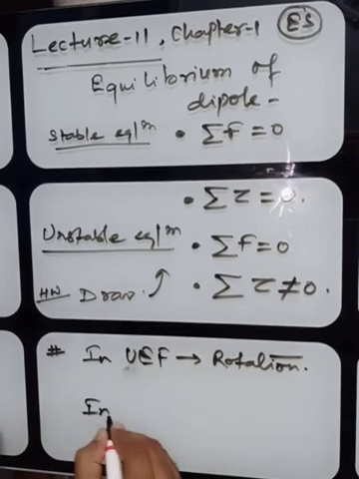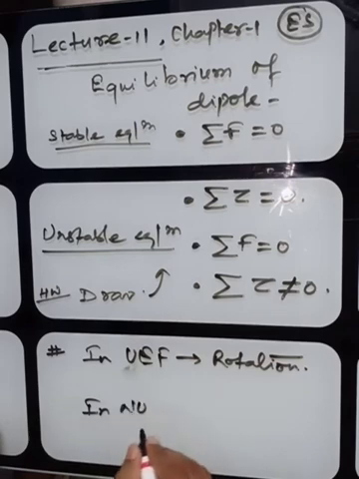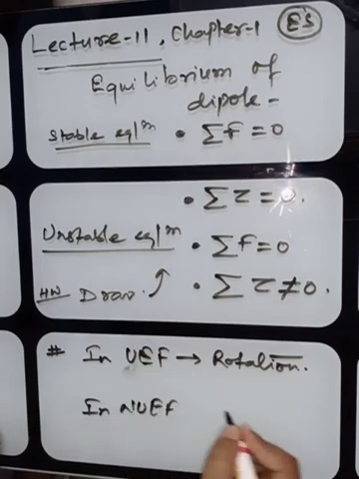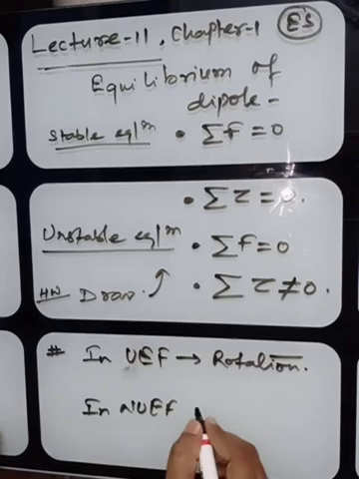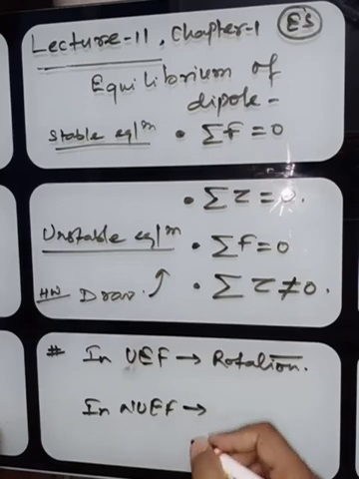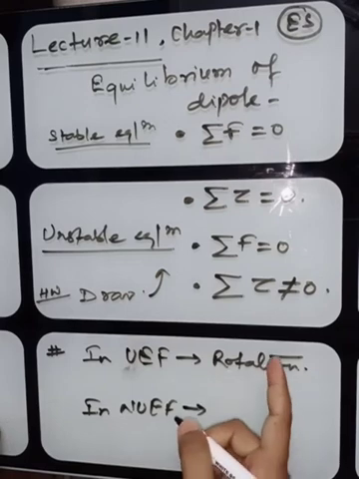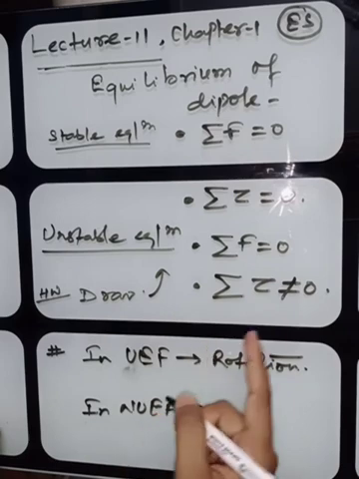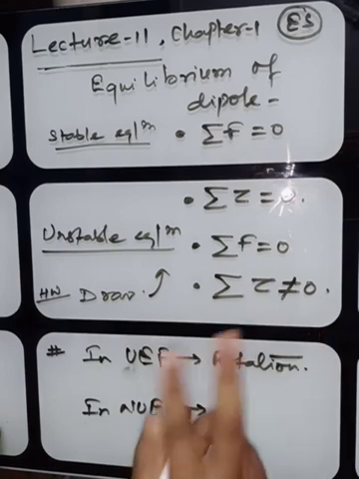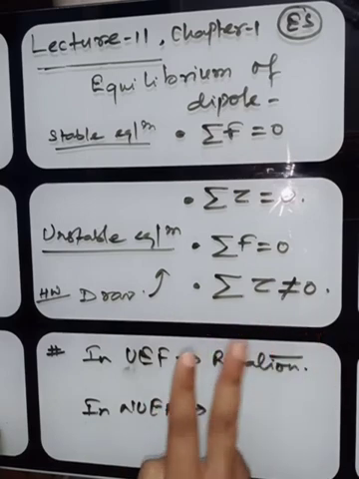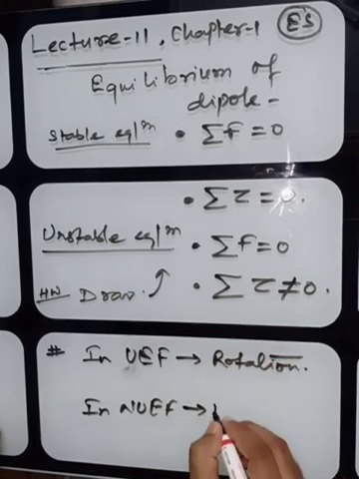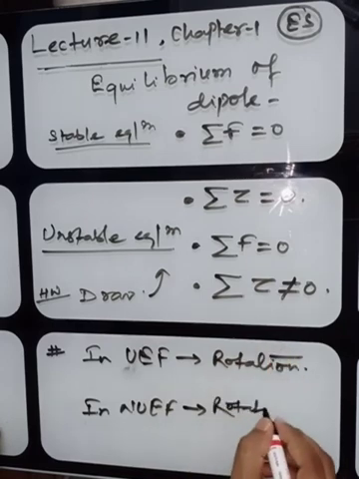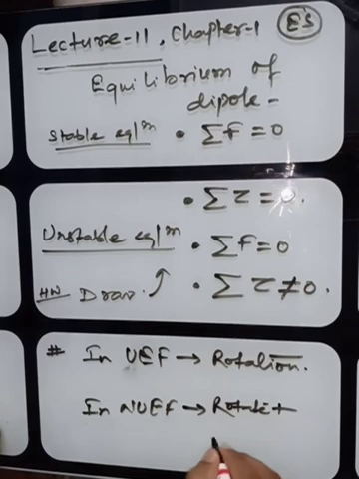In a non-uniform electric field, what will happen? The dipole will have two types of motion. It will rotate and translate.